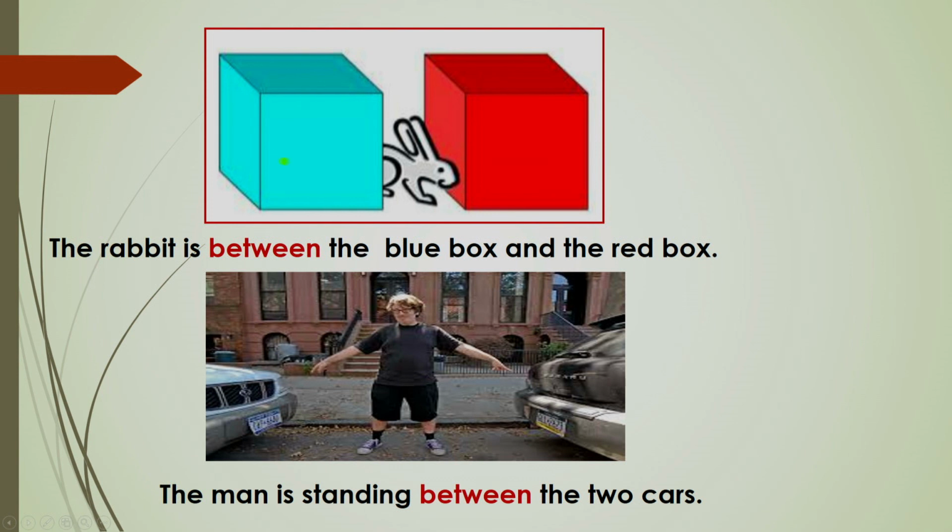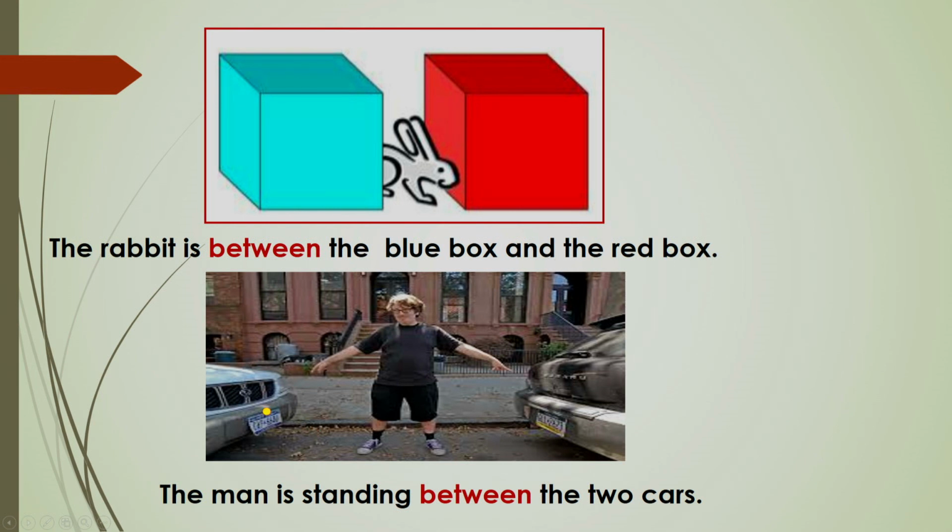And the rabbit is between only two objects, isn't it? And what are those objects? They are the blue box and the red box. So we use between here. The rabbit is between the blue box and the red box.